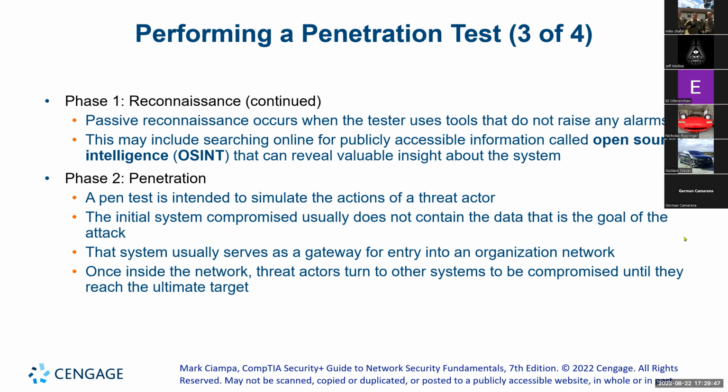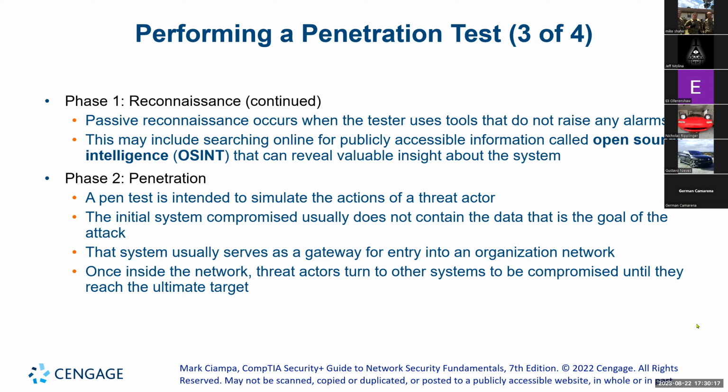So the Wayback Machine is basically a massive caching of old web pages. A lot of times you can go back and look at previous versions of websites and see a lot of unsecured information that you wouldn't see on the correctly configured current website. So that's an example of open source intelligence gathering.